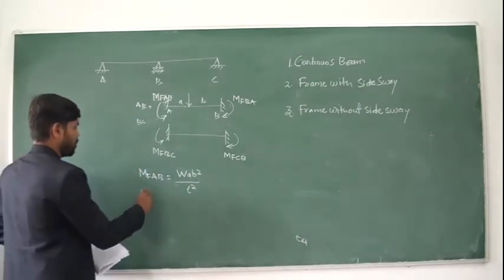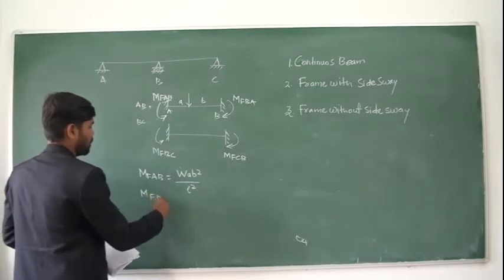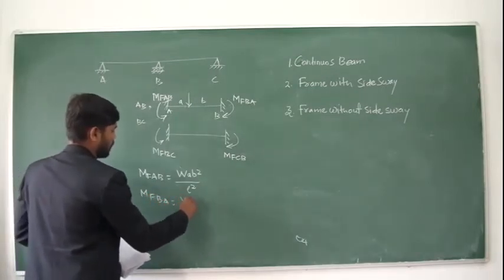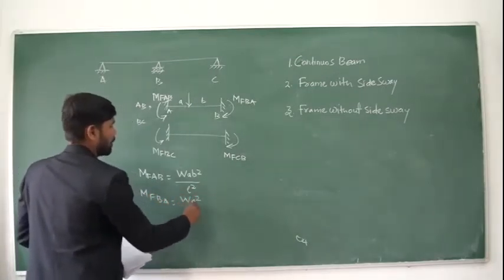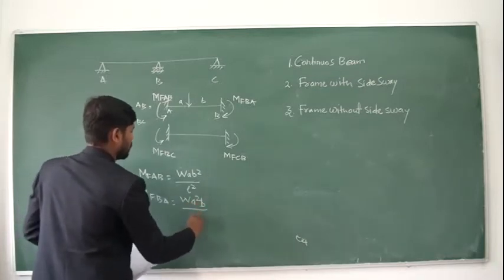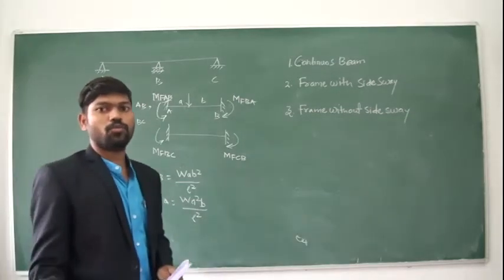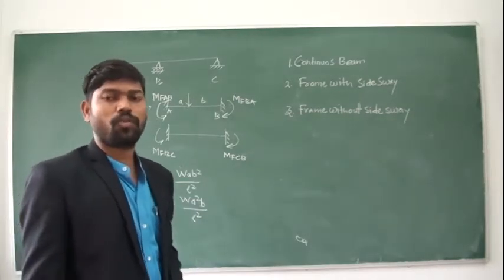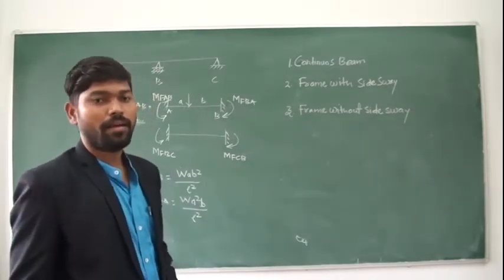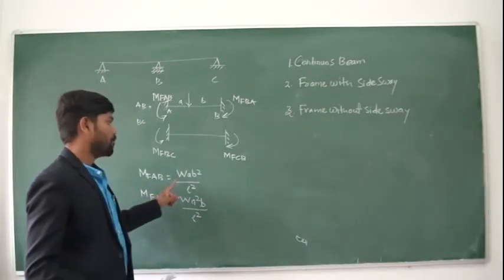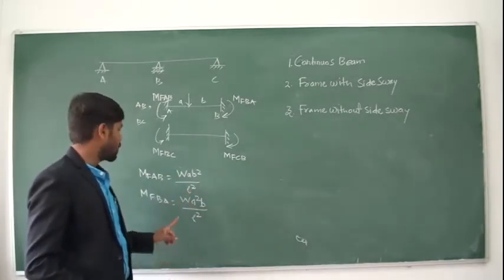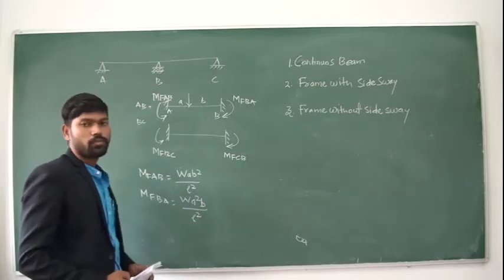And for MFBA, this formula will be WA square B divided by L square. If the point load was there and suppose you have to calculate free bending moment, the formula was WAB divided by L. But for fixed end moment, WAB square divided by L square, WA square B divided by L square.